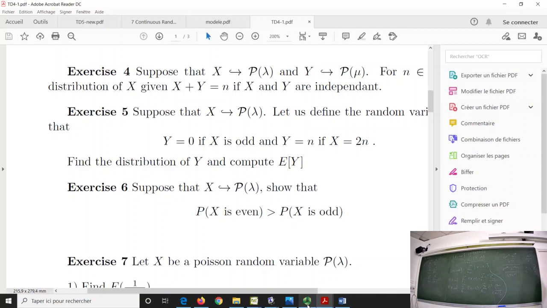But this is the idea, to come back, and often it will be the case. For the binomial distribution, you often come back to the formula a plus b to the power n. For the Poisson, we always come back to the definition of the exponential. As in the case of the geometric, we come back to the sum of the terms of a geometric sequence.